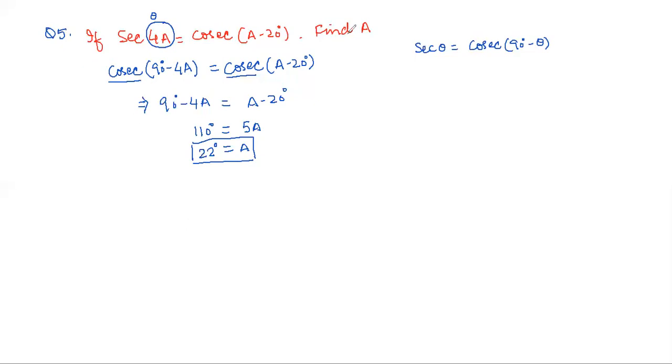Question number 6, a very important question from examination point of view. Now this is one thing you have to notice, that in this question, first thing that is given to you, that A, B and C are the angles of a triangle.